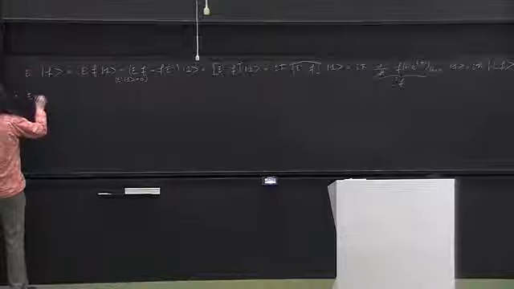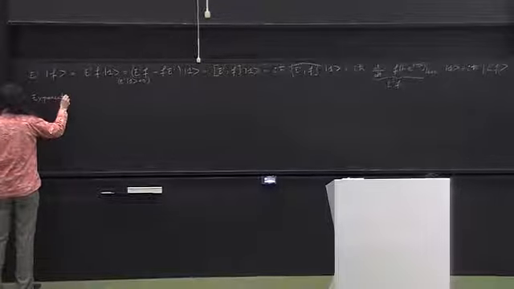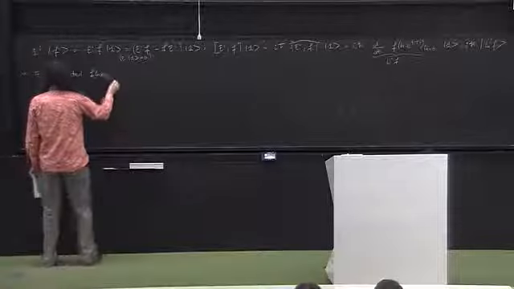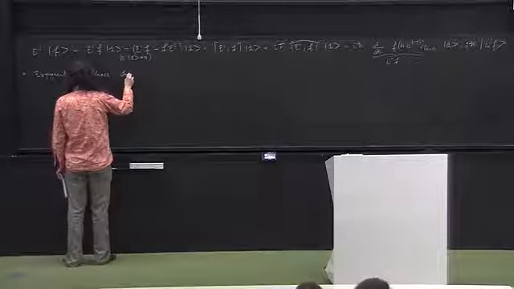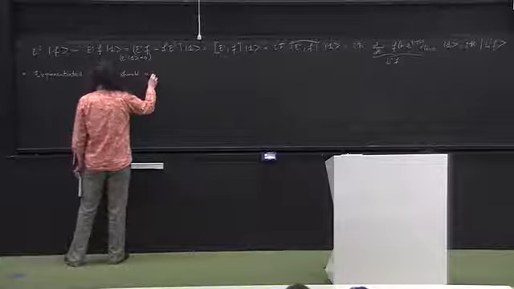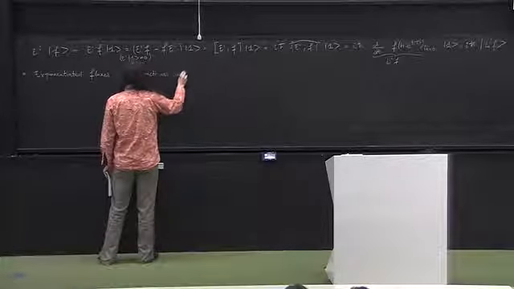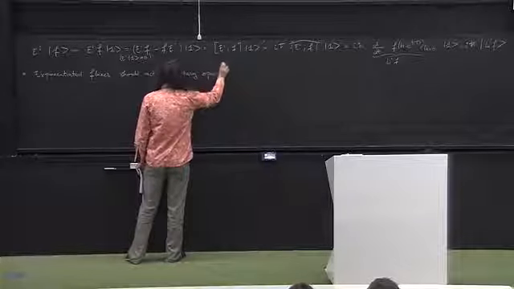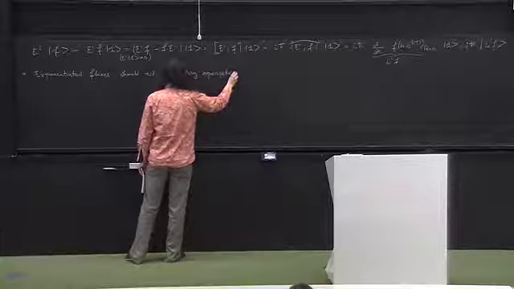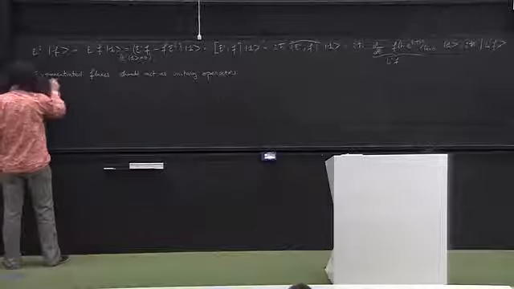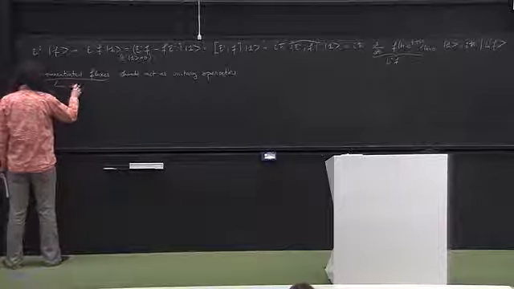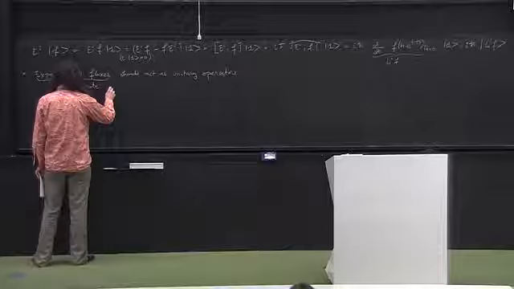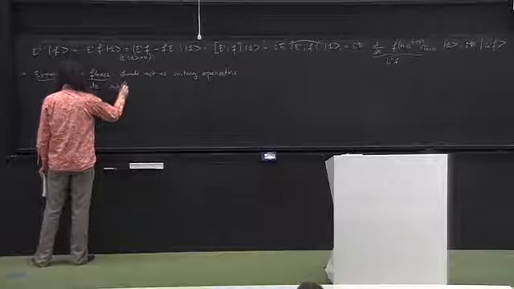So the exponentiated fluxes should act as unitary operators and they generate right translations.